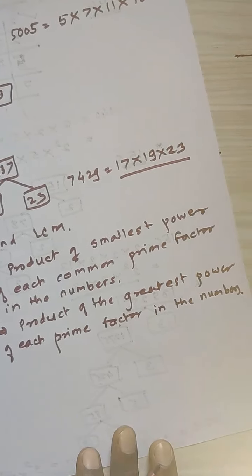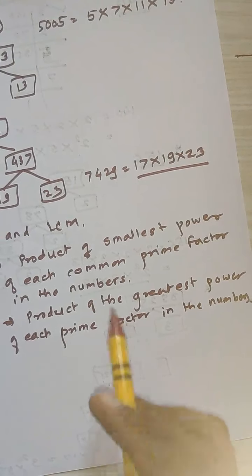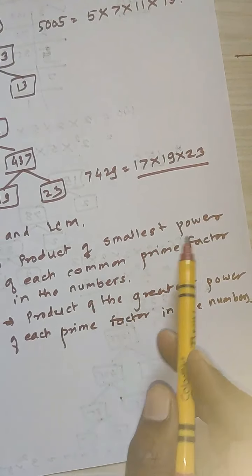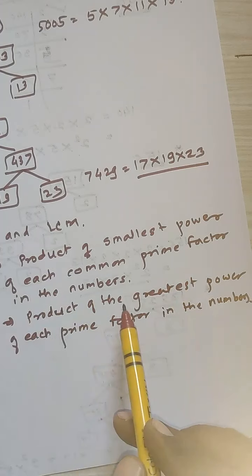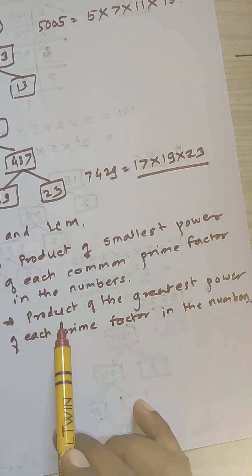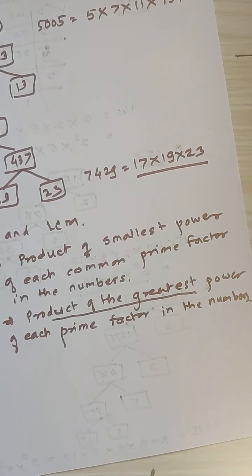This you have studied in your earlier classes, that HCF is nothing but the product of the smallest power of each common prime factor in the given numbers, and LCM is the product of the greatest power of each prime factor in the numbers. So here we are now going to find the HCF and LCM of any two positive integers.